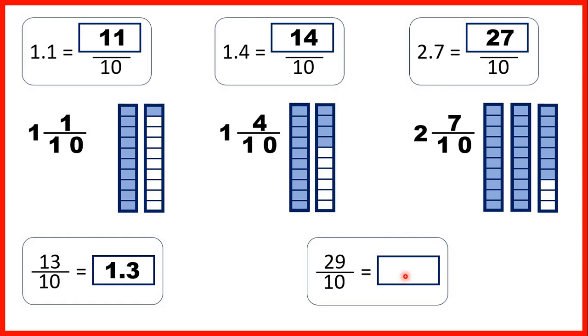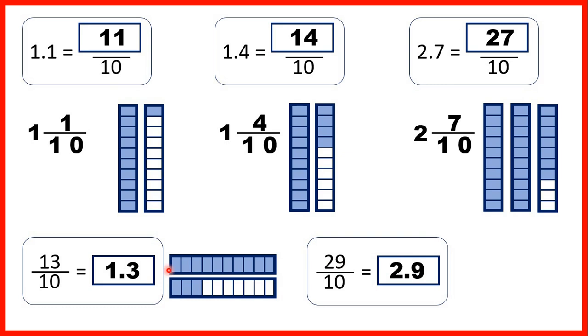29 tenths is what as a decimal? That's 2.9, because if we have 20 tenths, we can exchange for 2 wholes, and then we have 9 tenths left over. And here we can see 13 tenths, because each fraction bar is split into tenths, so each piece is 1 tenth, and we have 13 of them, but we can exchange 10 tenths for 1 whole.